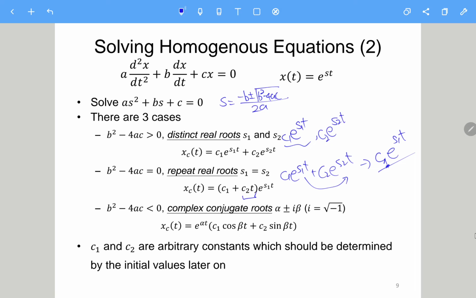Of course you can just consider it to be c1 plus c2 like this, but c1 plus c2 are arbitrary constants, so if you just add them together, it's just still one arbitrary constant. But here we try to multiply a t here to make these two terms not dependent.